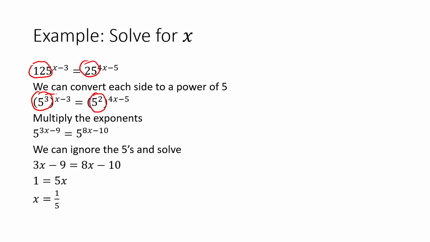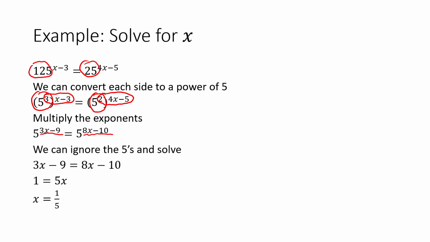Now we've got 5 cubed raised to an exponent of x minus 3. That means we've got 5 to the exponent 3x minus 9 because we multiply the exponents 3 and x minus 3. In this power, we multiply the exponents 2 and 4x minus 5. 2 times 4x minus 5 equals 8x minus 10.